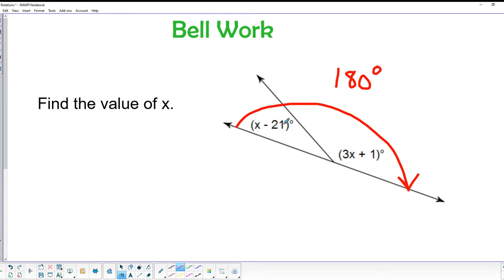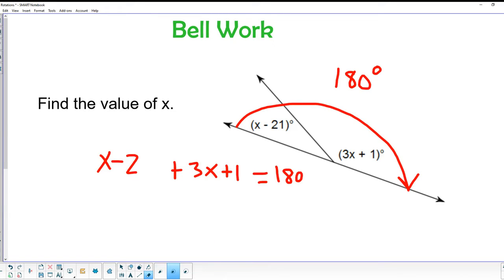So what we know then is that these two added together, x minus 21 plus 3x plus 1, equals 180. And I noticed that right over here, the minus sign for the 21 I kind of made into a plus sign.